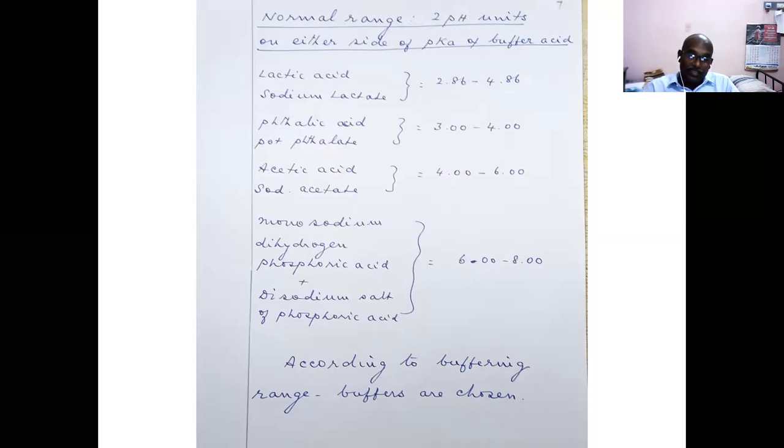Actually, you are given a syrup which has to be diluted in water and drunk. What is it? It is a buffer. Citric acid and potassium citrate or sodium citrate is a buffer. Normally, if citric acid is present in lemon water, when you drink lemon water with sodium chloride, that itself is a buffer which will try to maintain the pH of the urine.